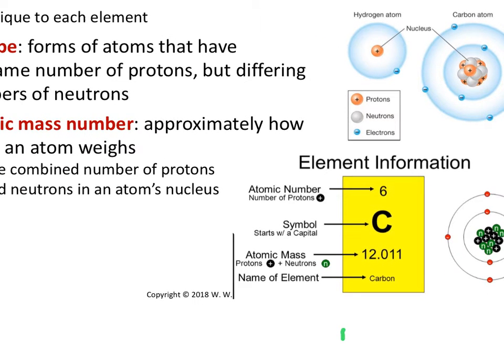Okay, so you can kind of look at it here. Carbon, of course, is C. It's all big. And then the mass is, of course, 12, but a little bit more because neutrons and protons don't exactly weigh the same.